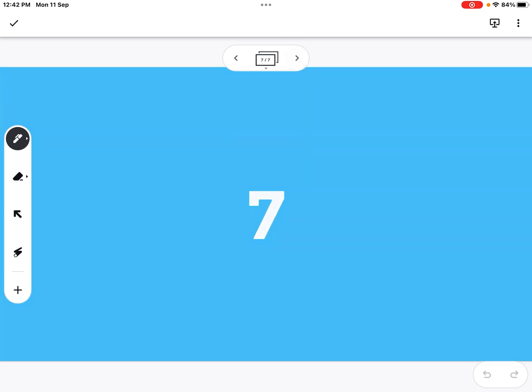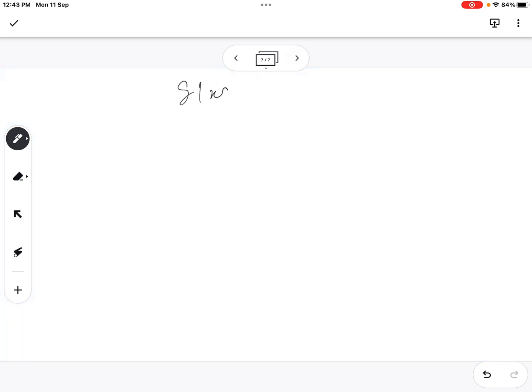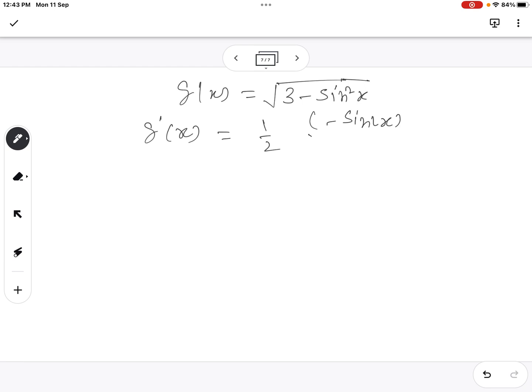And let us see what g is over here. g is the square root of 3 minus sine square x, and so its derivative is 1 by 2 into minus sine 2x by root over 3 minus sine square x.